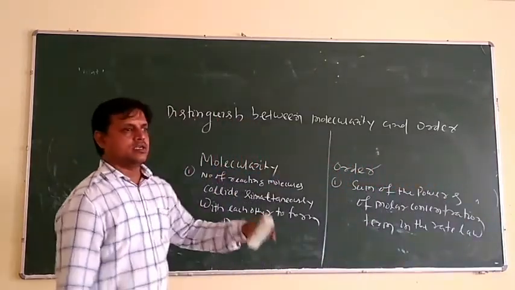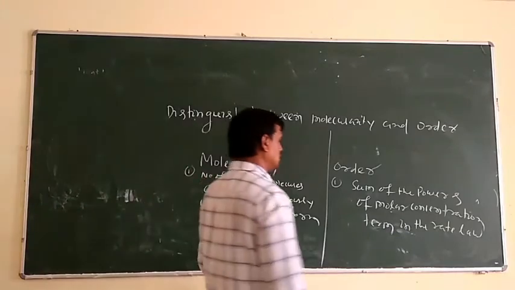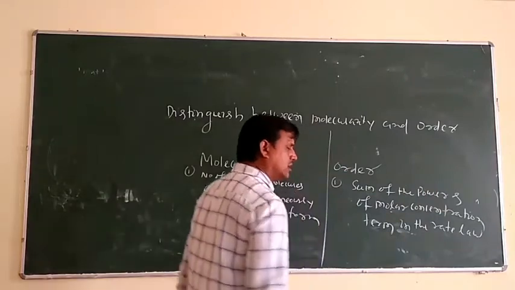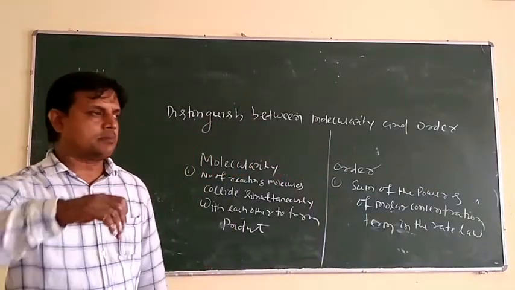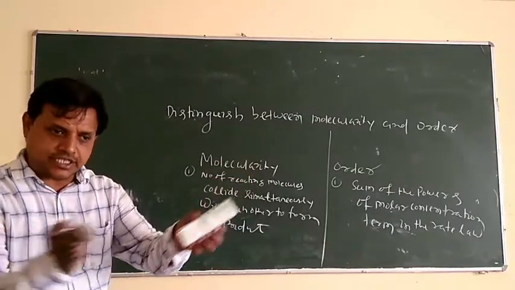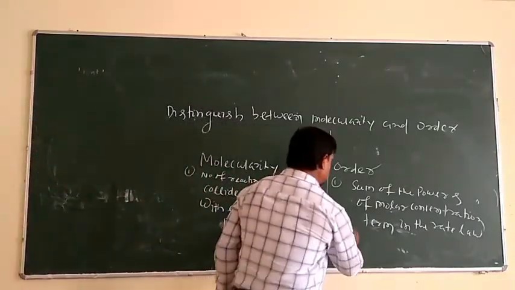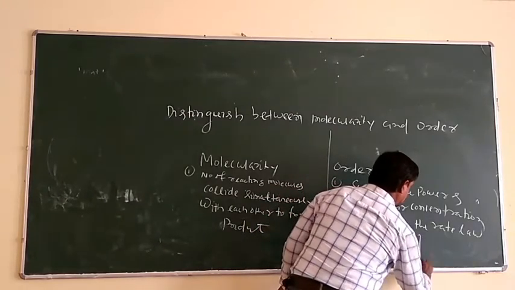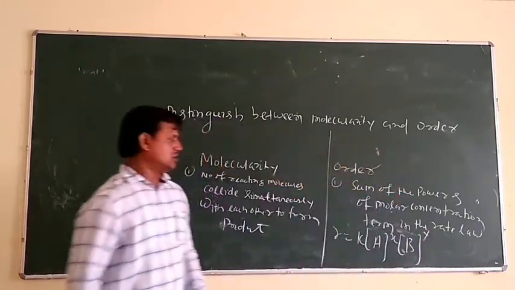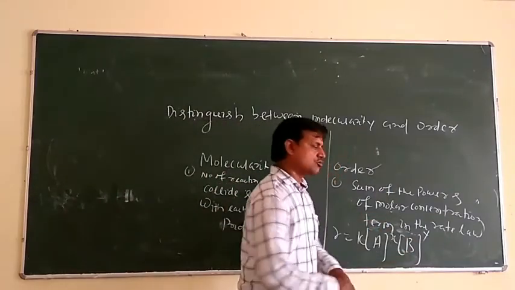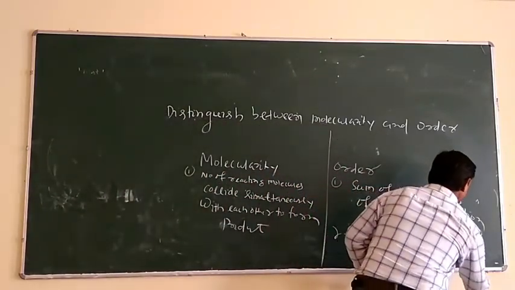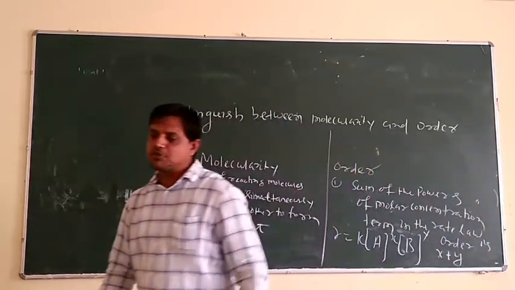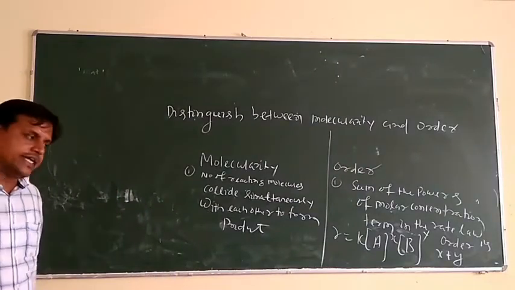In the rate law, you add the powers of the molar concentrations, and that gives the order. Suppose the rate law equation is R equal to K A to the power x B to the power y. So order equals x plus y. x plus y is the order of the reaction.